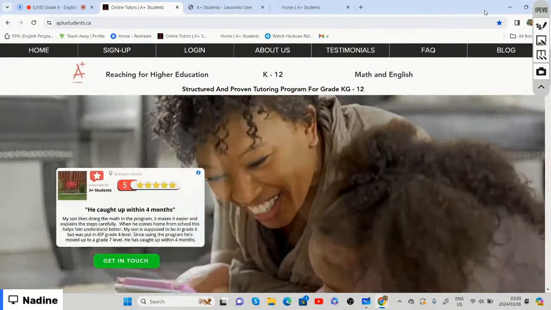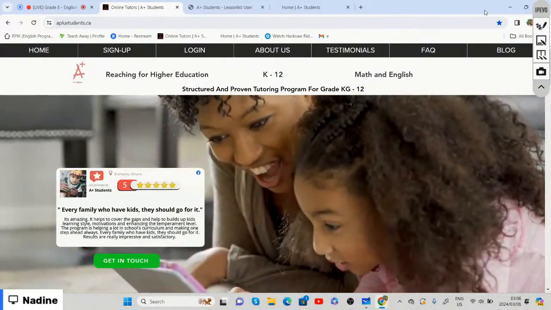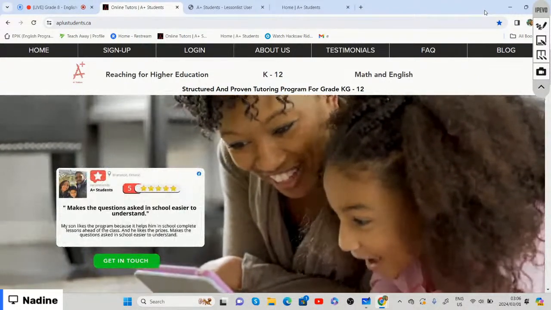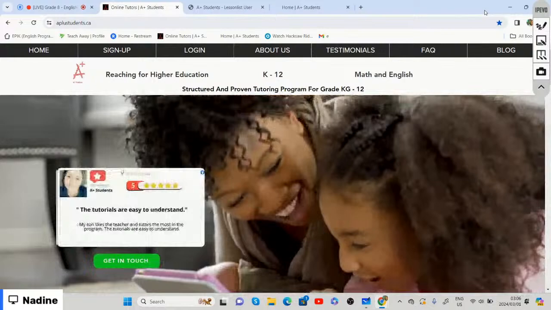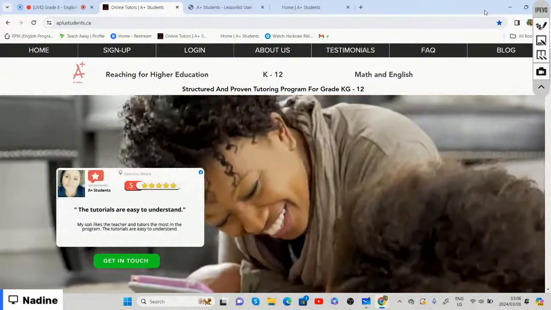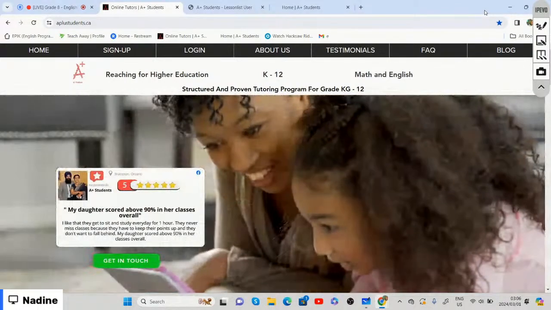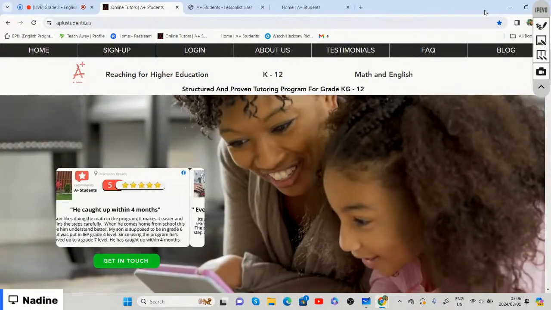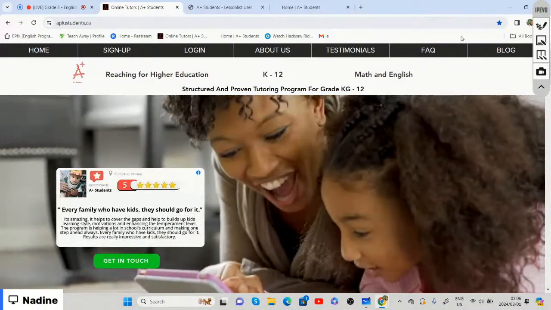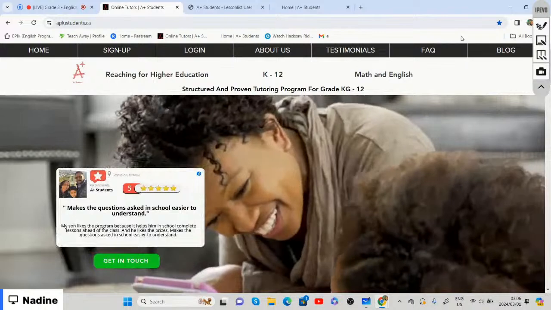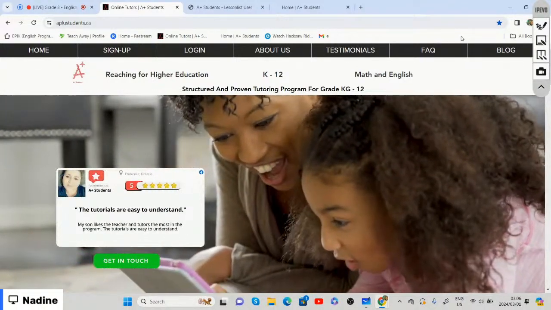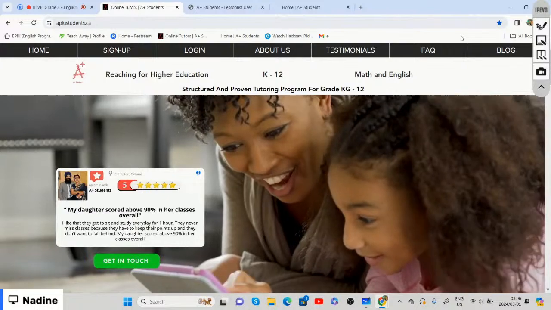Once you've logged on with our username as well as our password, then we're going to scroll down until we get to the chapter of sentences, fragments, and run-ons. And this is also the subject of language arts, grade 8.